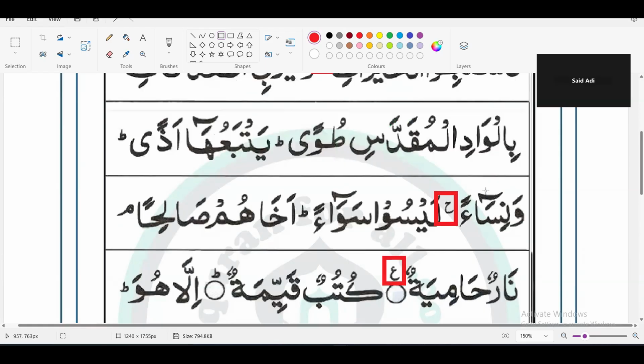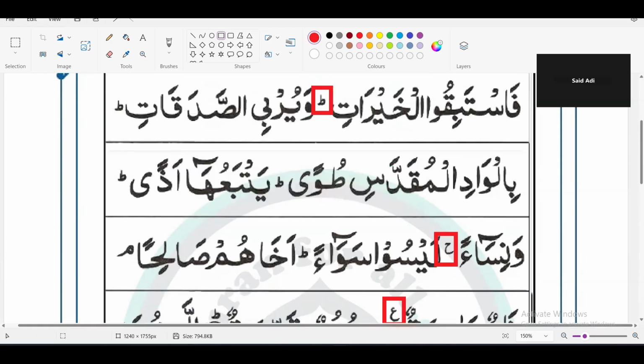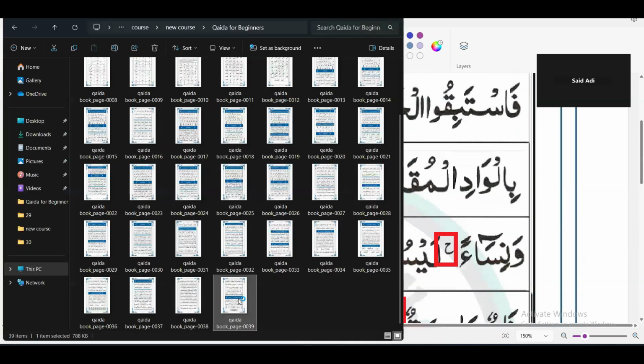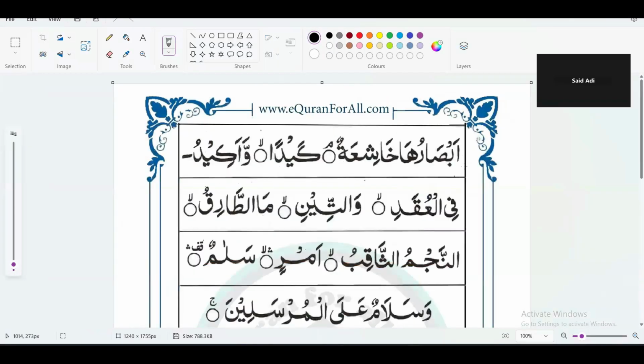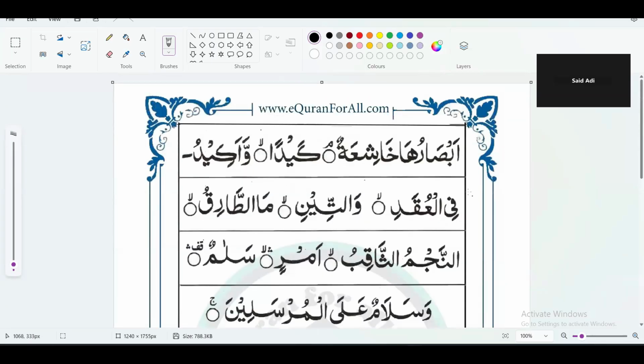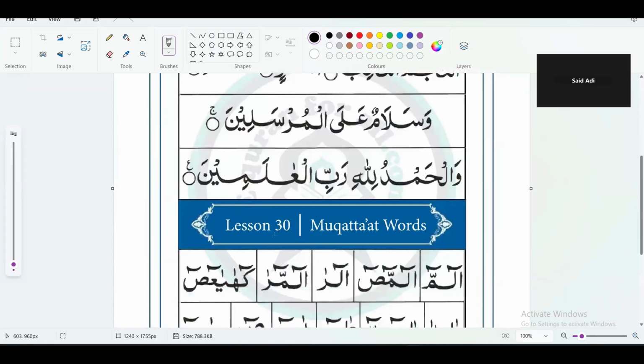Okay. So now we have only the last page remaining, and after that, inshallah ta'ala, we will start the Quran. In half of that last page, we have some more examples about the waqf, about the pause, and then we will go to lesson number 30, which is about muqatta'at, the words of muqatta'at.